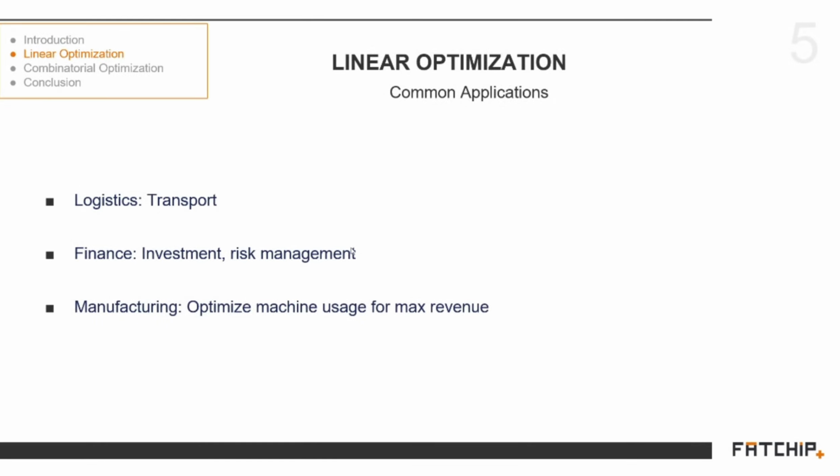Some common applications of this: logistics, transport, for example, finding the cheapest way to transport goods from factories to warehouses. Finance, in investment, that's a good way to reduce or handle a bit the risks while maximizing the return on investment.